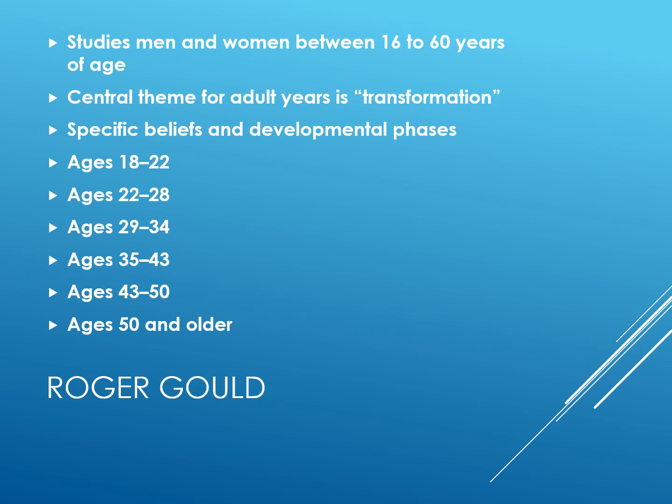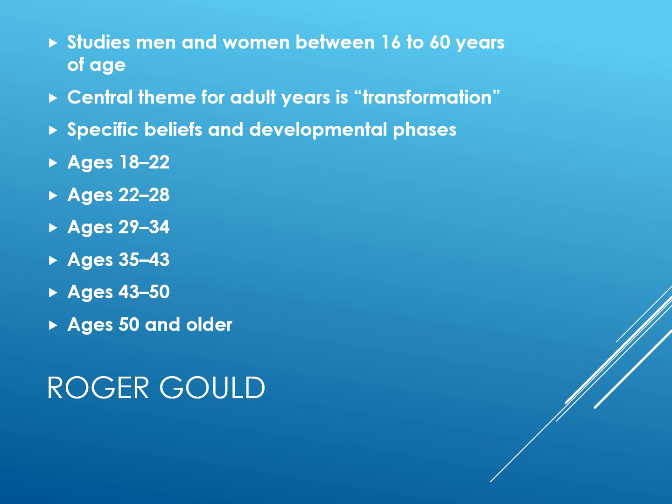So it starts with age 18 to 22, and he has that designated as leaving the parents' world. Then you have 22 to 28, getting into the adult world. Then you have questioning and re-examining, which is the 29 to 34 age range.